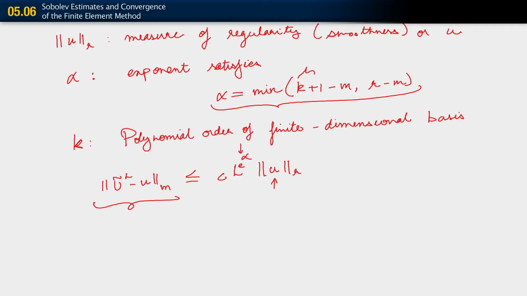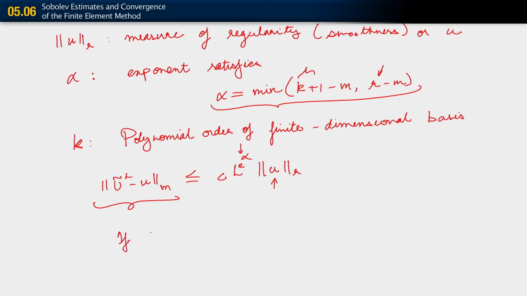Now, why does this matter? The question is, what happens with our interpolation error as we refine the mesh? If R is big enough, then alpha essentially reduces to k plus 1 minus m, right?